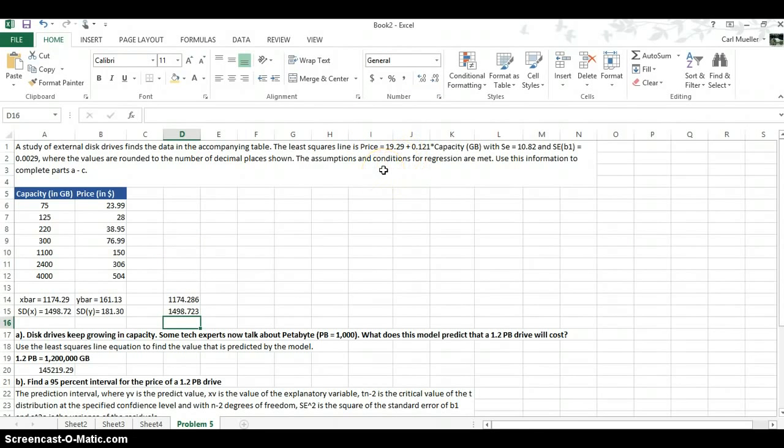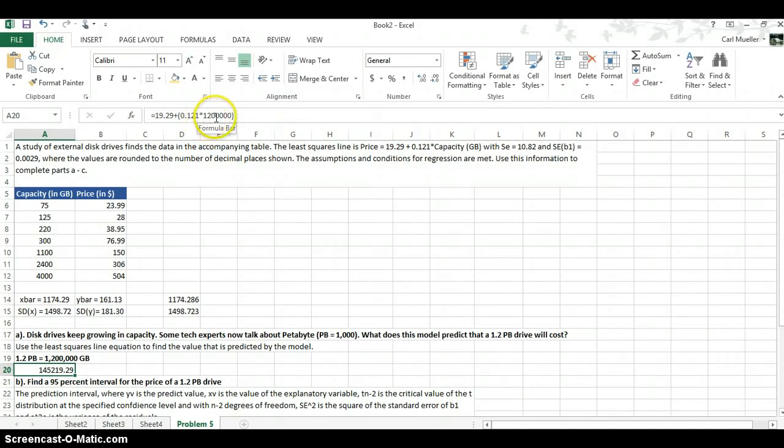Why do we need to convert? Well, they give us 1.2 petabytes, but just like in algebra, we have to convert because our equation is in gigabytes. If we don't account for that, we can have serious issues with losing a decimal place. And in this case, a decimal place is very important because we're talking about memory size and cost. As you can see here, in the formula it is 19.29 plus the product of 0.121 times the capacity.